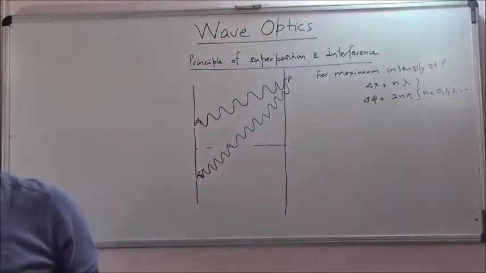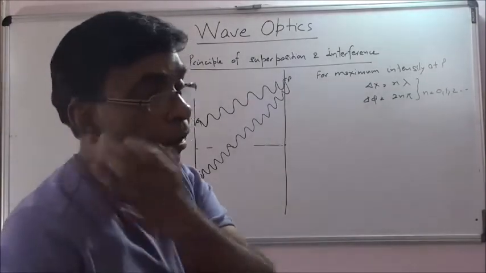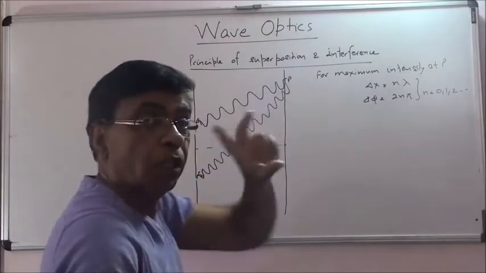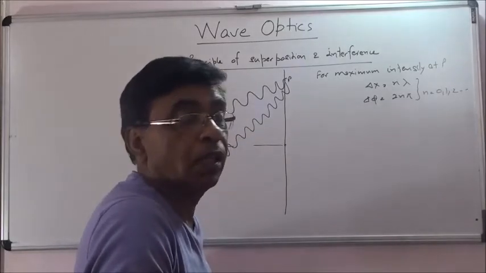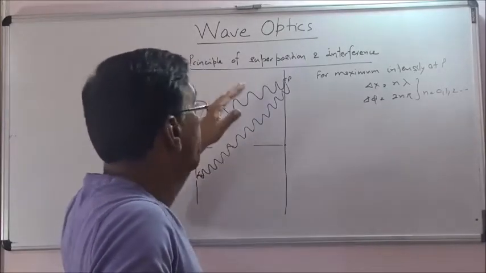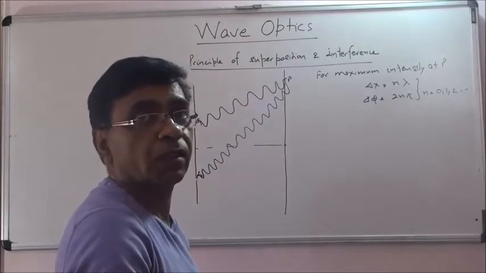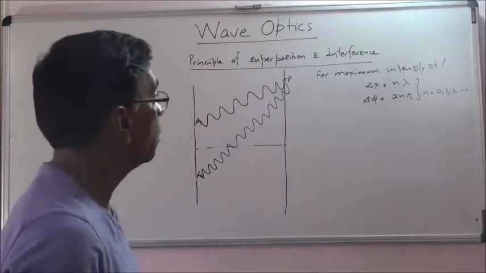Right? Keep in mind, we have taken two conditions: lambda is the same, frequency is the same, and the phase difference between them is not changing. That I will explain later.